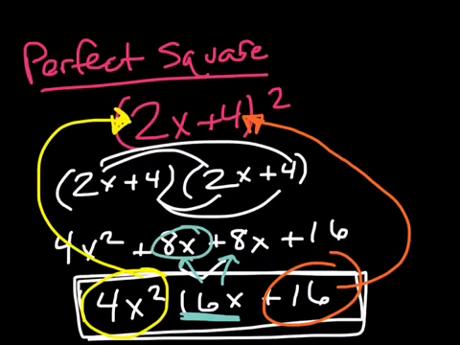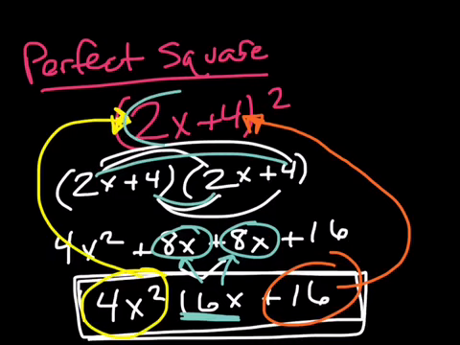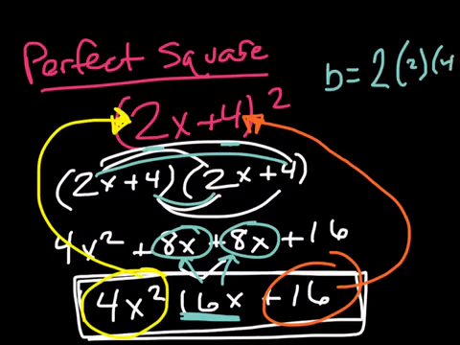Well, they're going to be the same every time because with 2 and 4, we have 2 times 4, and then we also have 4 times 2, which is the same thing. Because that will always be the same, this middle term comes from multiplying these together and doubling it. So what we could say is that b equals 2 times the 2 times the 4.